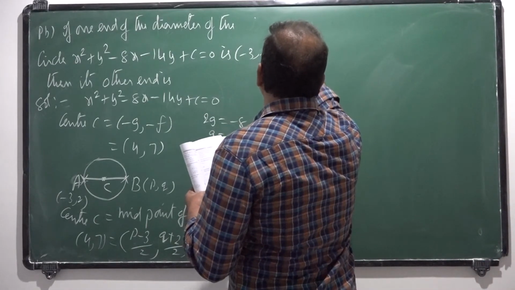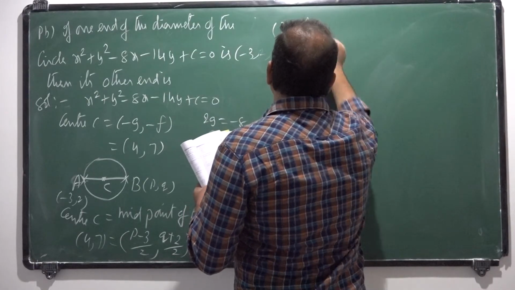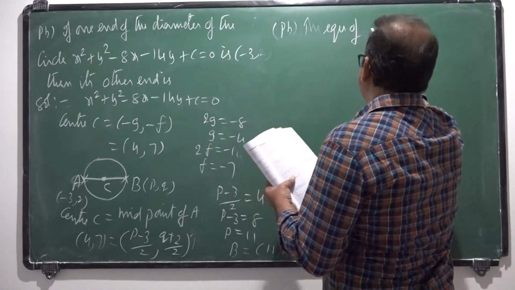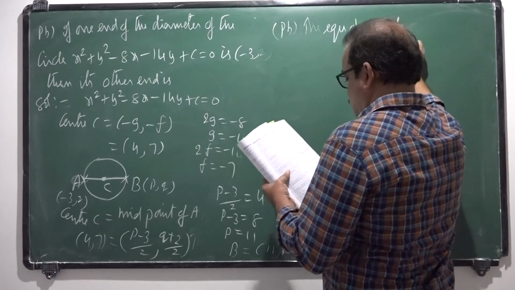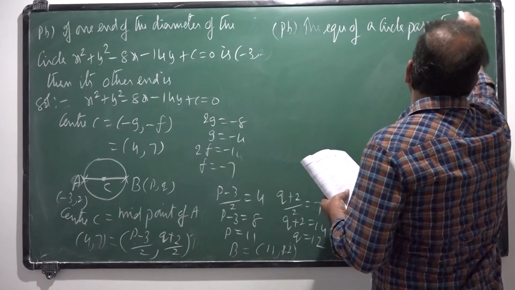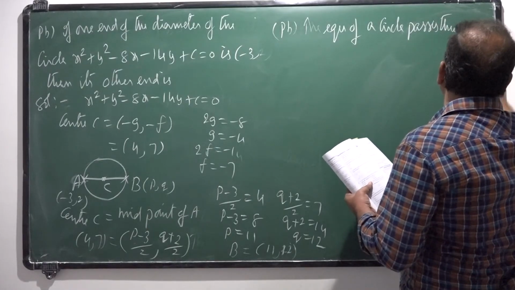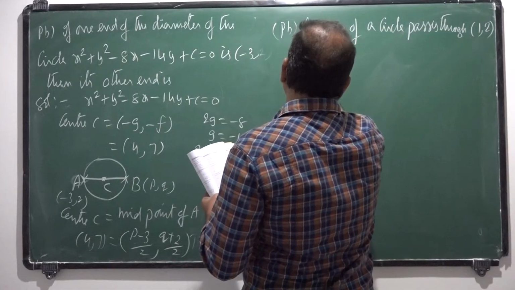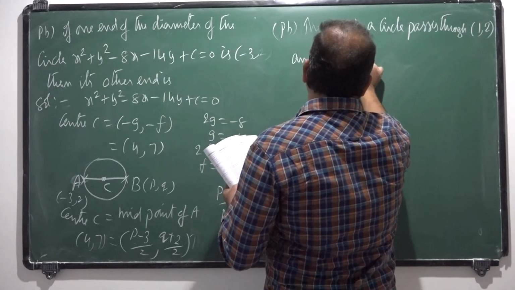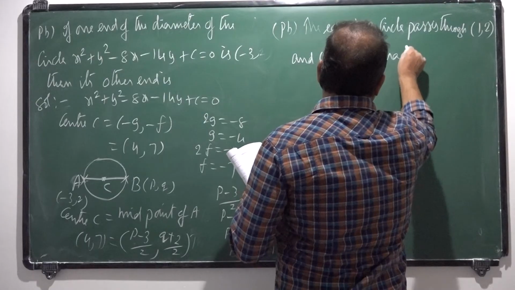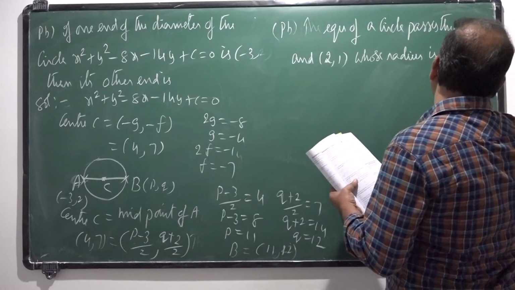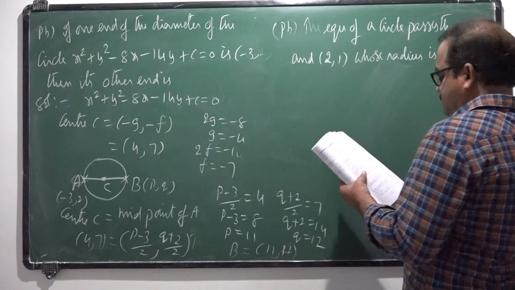Next problem. The equation of a circle that passes through the points 1 comma 2 and 2 comma 1, whose radius is 1 unit, is.